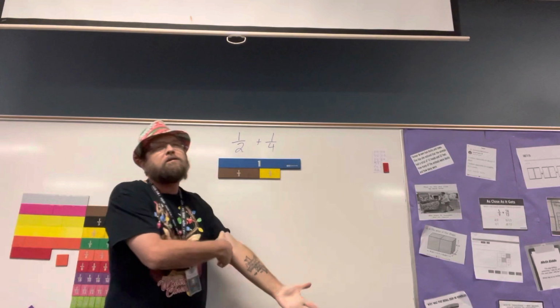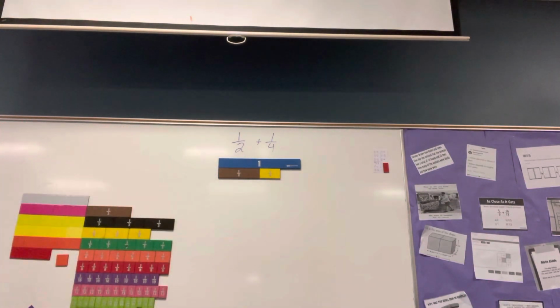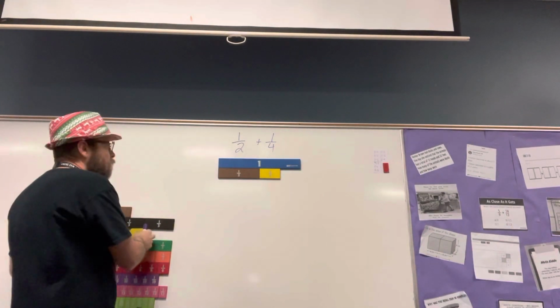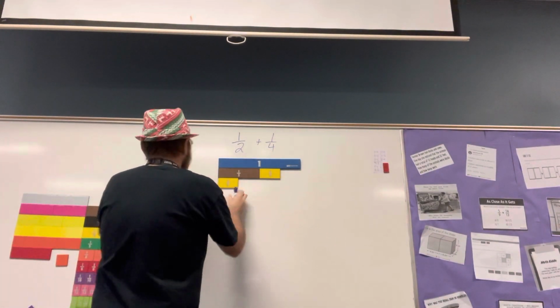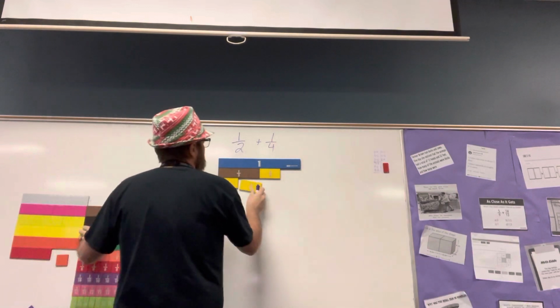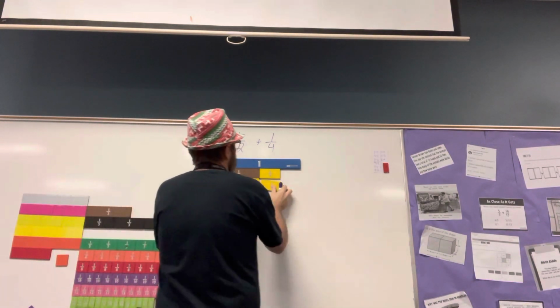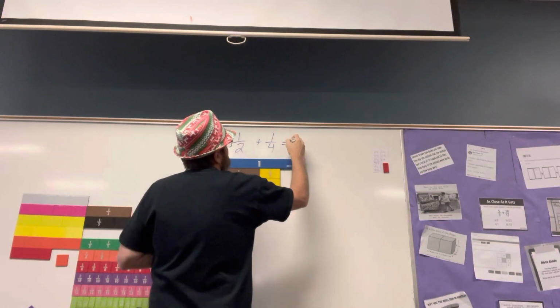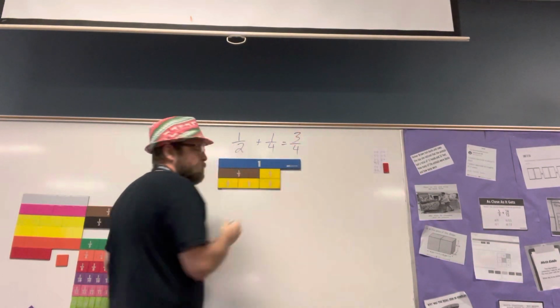Using our divisibility rules, maybe, perhaps, Maxwell could tell me? 4. Let's try 4. Let's see, 1, 2, 3. So 1/2 plus 1/4 does equal 3/4.